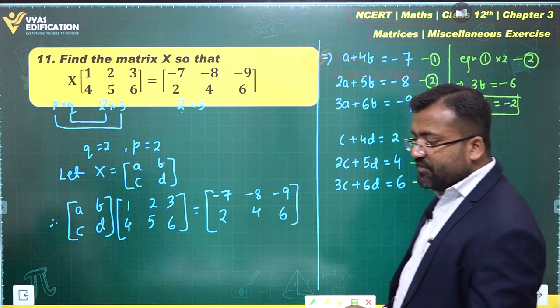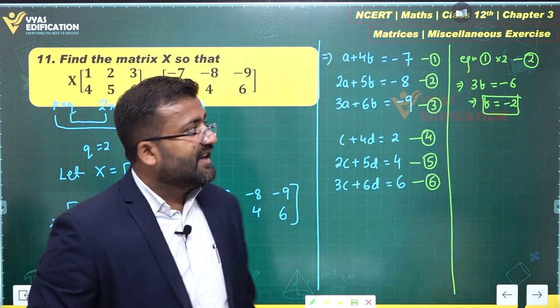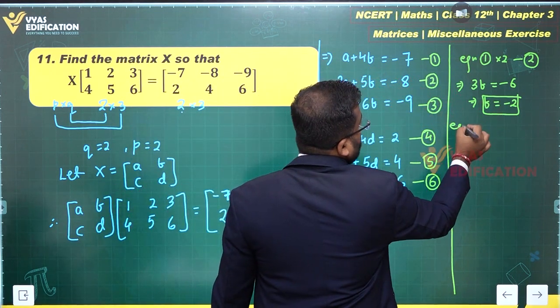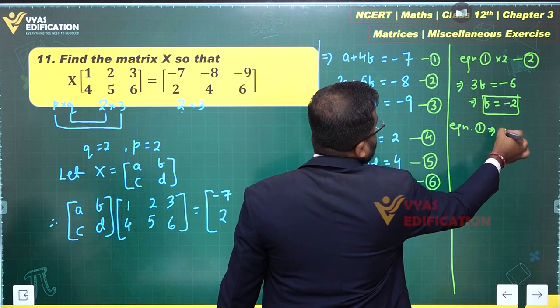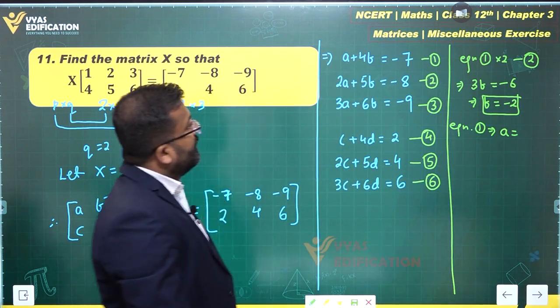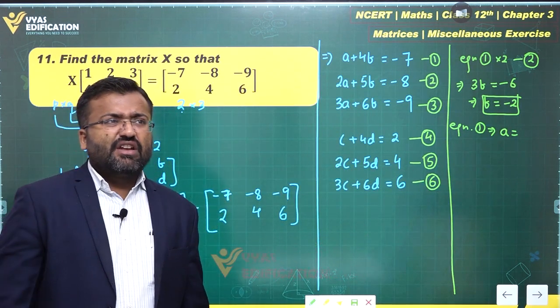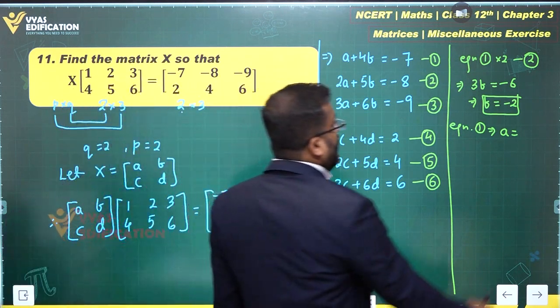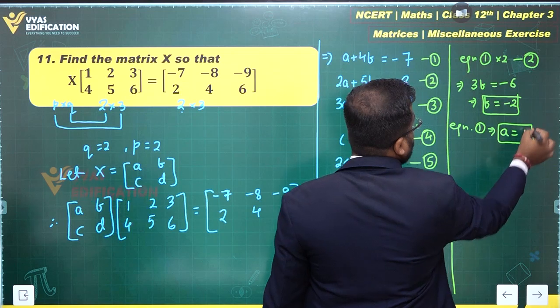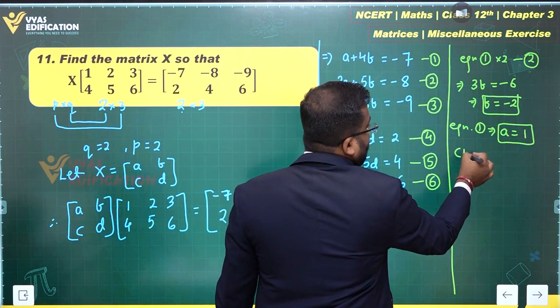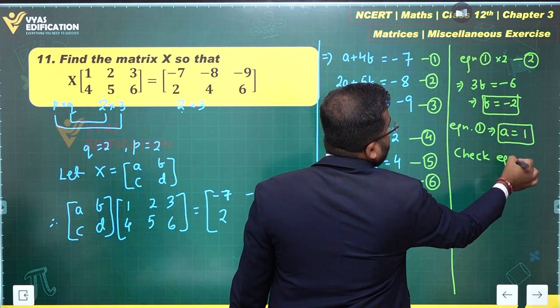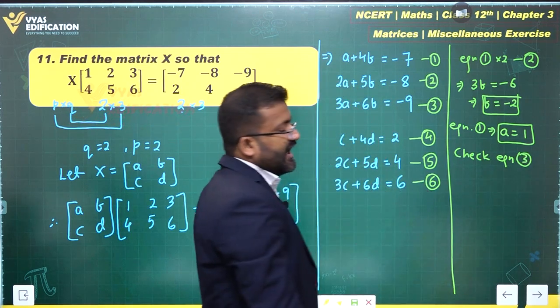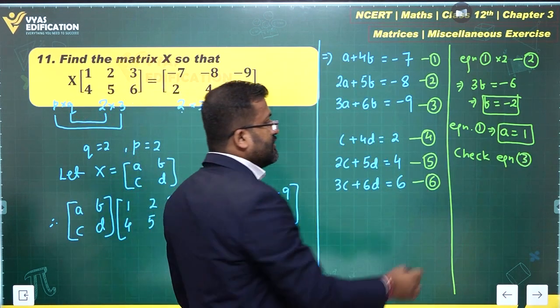Once we obtain B equals minus 2, we can solve for the value of A very easily using equation 1. Gives me A equals minus 7 minus 4B. Minus 7 minus of minus 8. What will that be? 8 minus 7, which is 1. This will give me A equals 1. We have to check equation 3 for consistency, right? This is important.